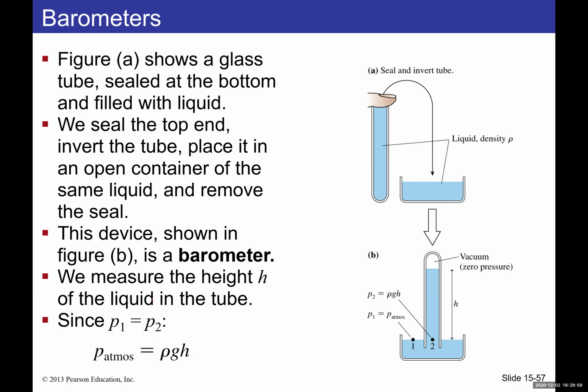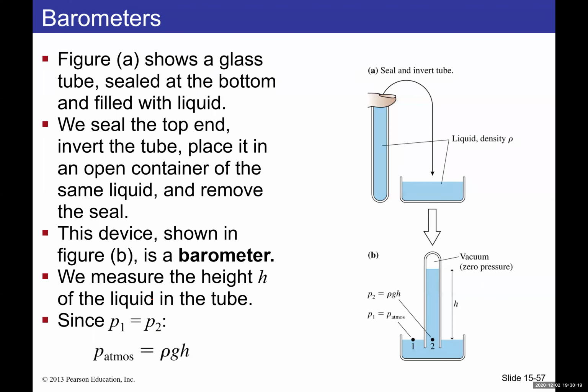All right, another one is barometers. This one is basically used to measure the atmospheric pressure. You can see a glass tube sealed at the bottom and filled with the liquid. We seal the top and invert the tube, place it in an open container of the same liquid, and remove the seal.